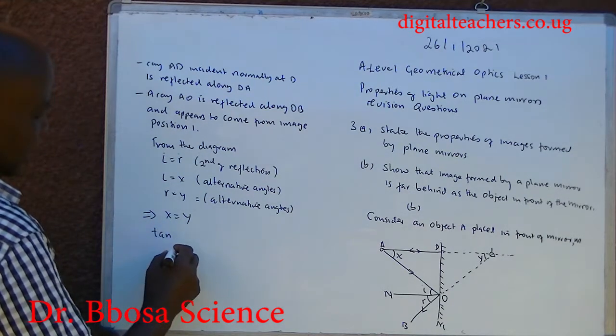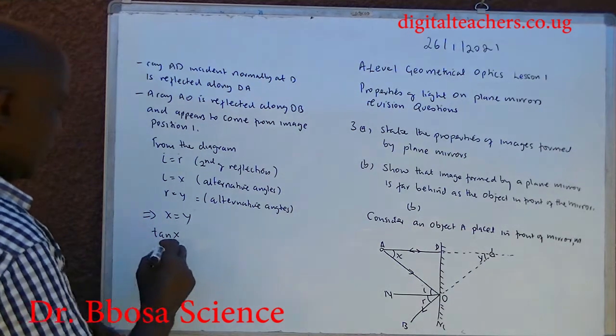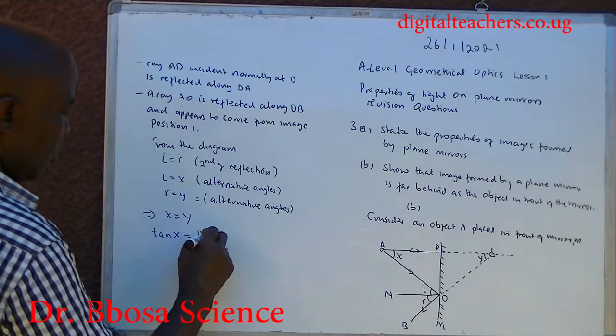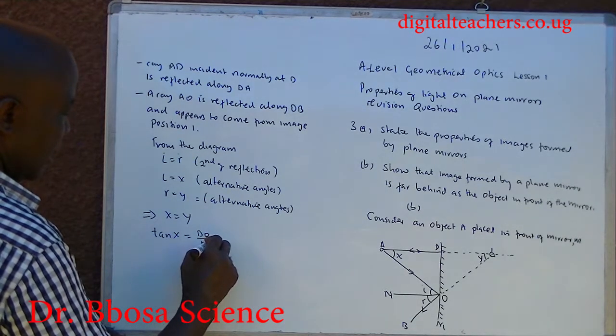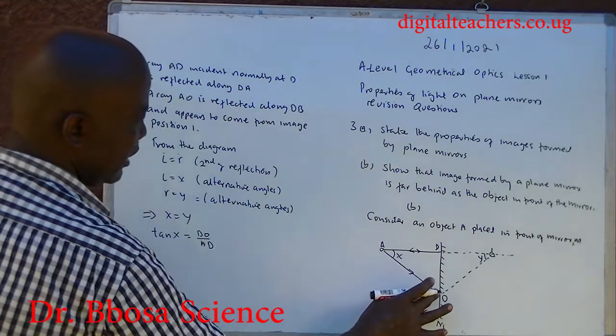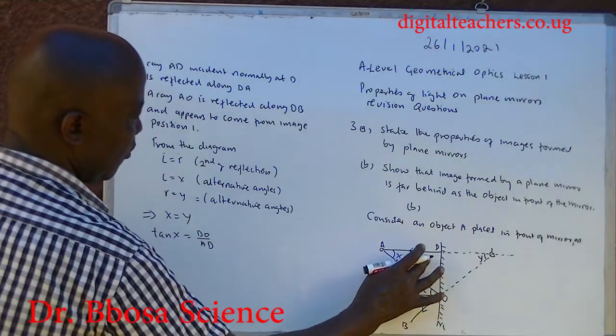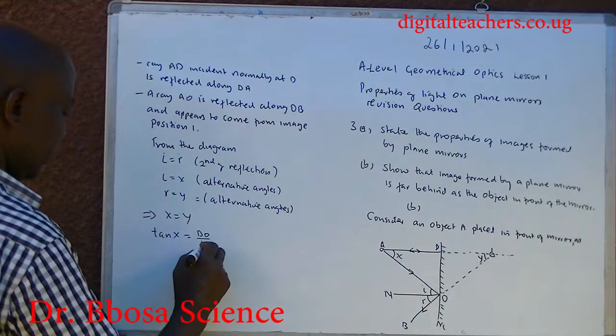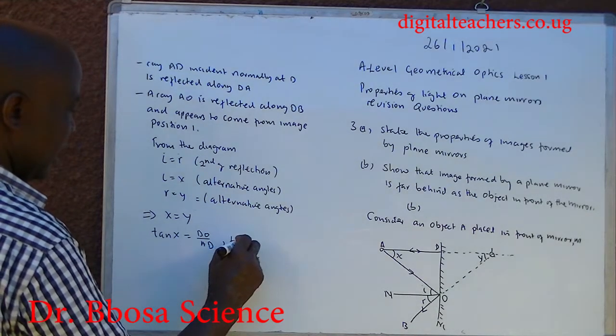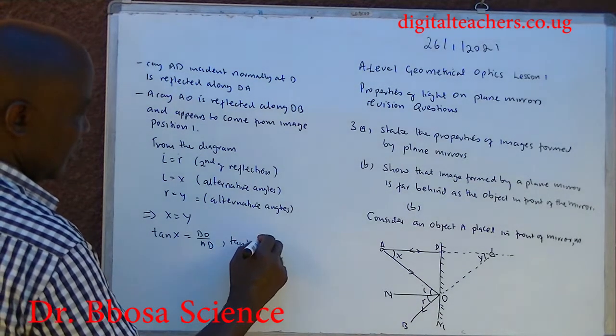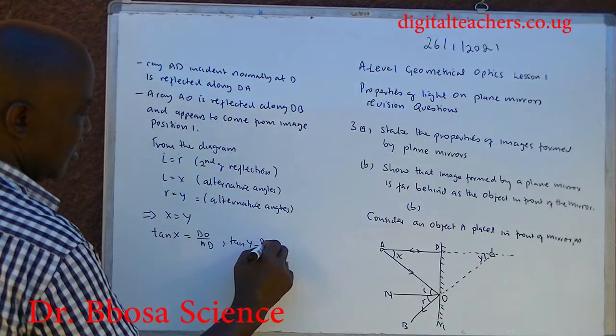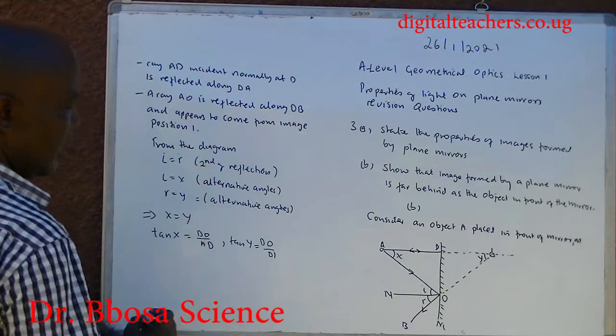Tan X is equal to DO over AD. And tan Y is equal to DO over DI.